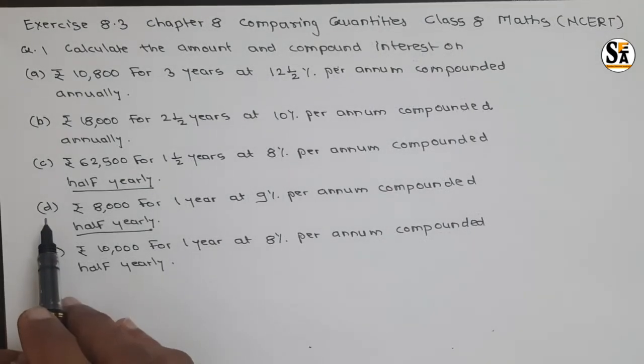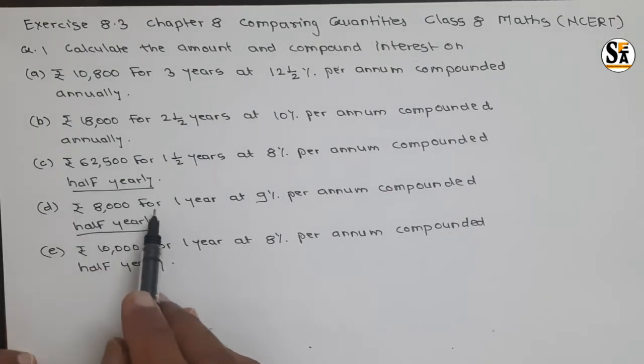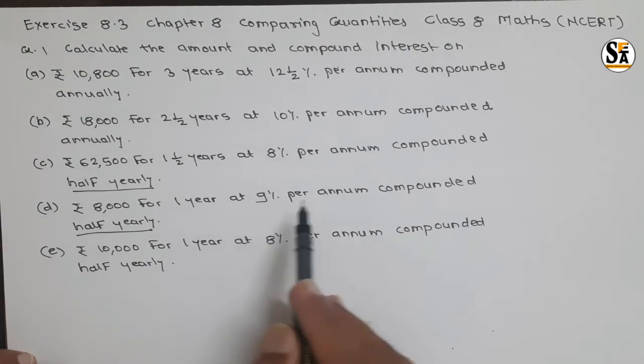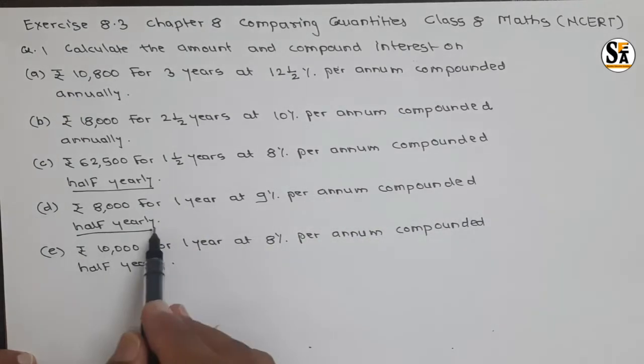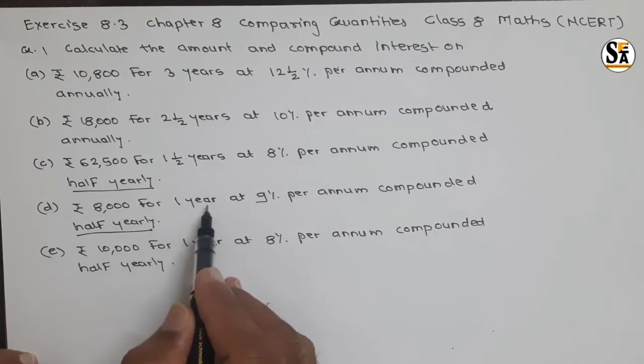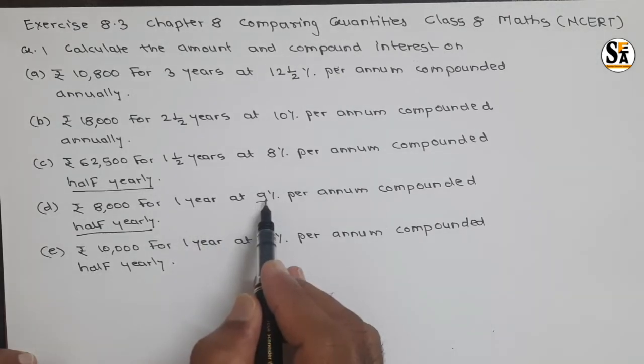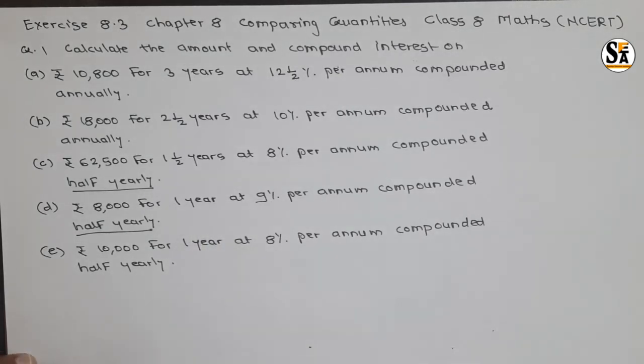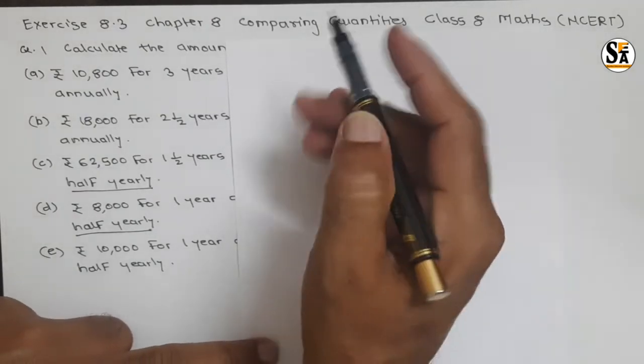Now see the D part, rupees 8,000 for 1 year at 9% per annum compounded half yearly. Here also half yearly is given, means there will be 2 terms for 1 year, and rate of interest must be considered half of this 9%. So I will write the formula here.